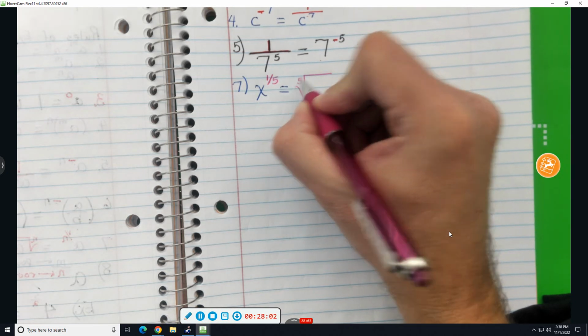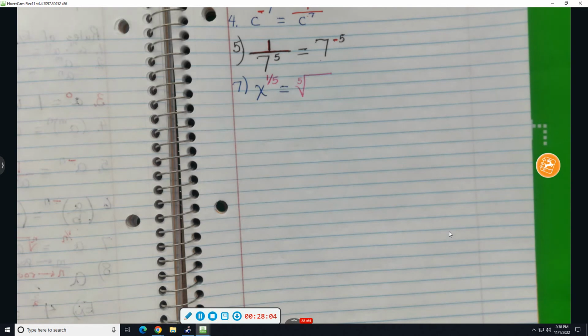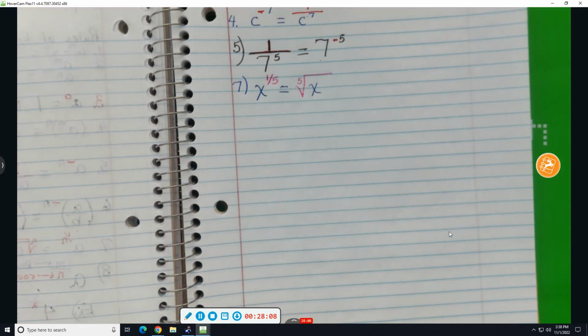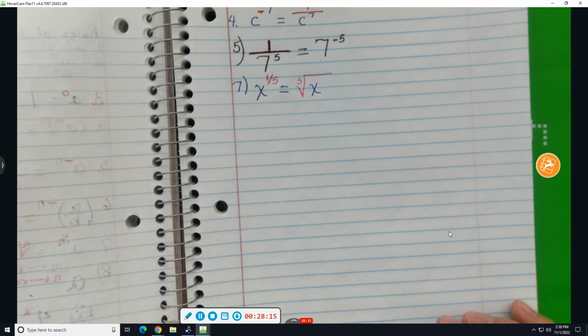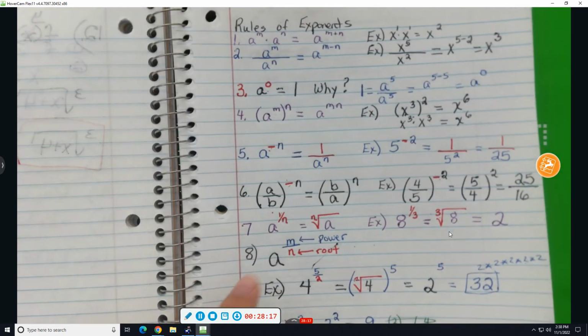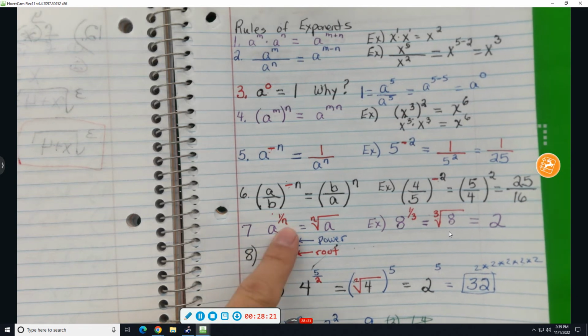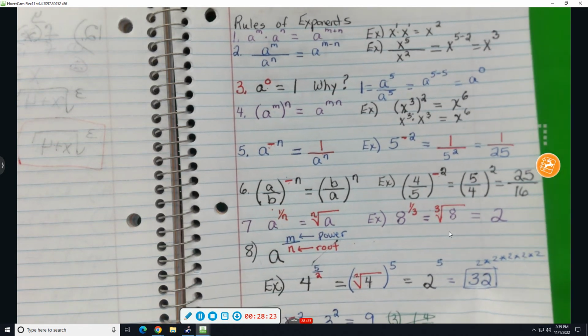Yeah, it's a 5th root of x, and there's nothing you can do to simplify that. I'm using this property right here. A to the 1 over n is the nth root of a.